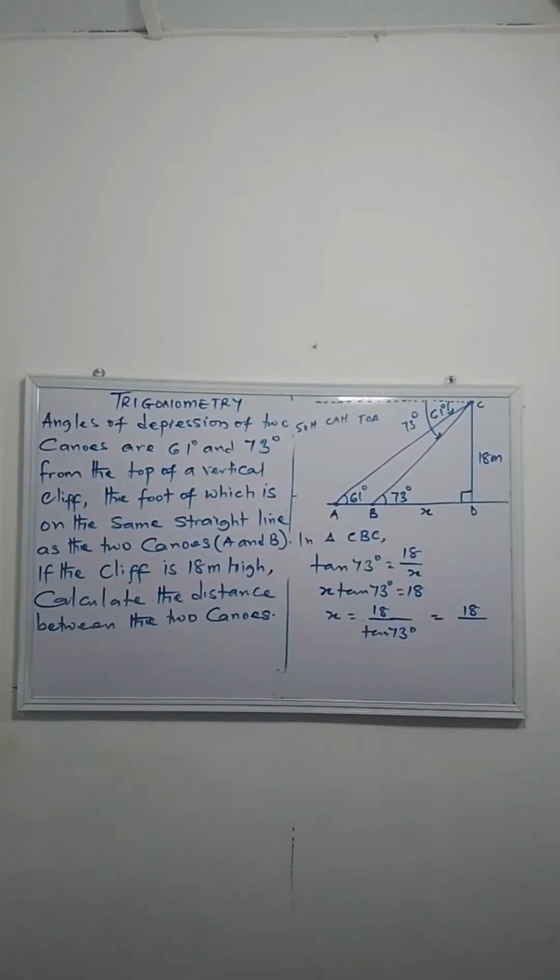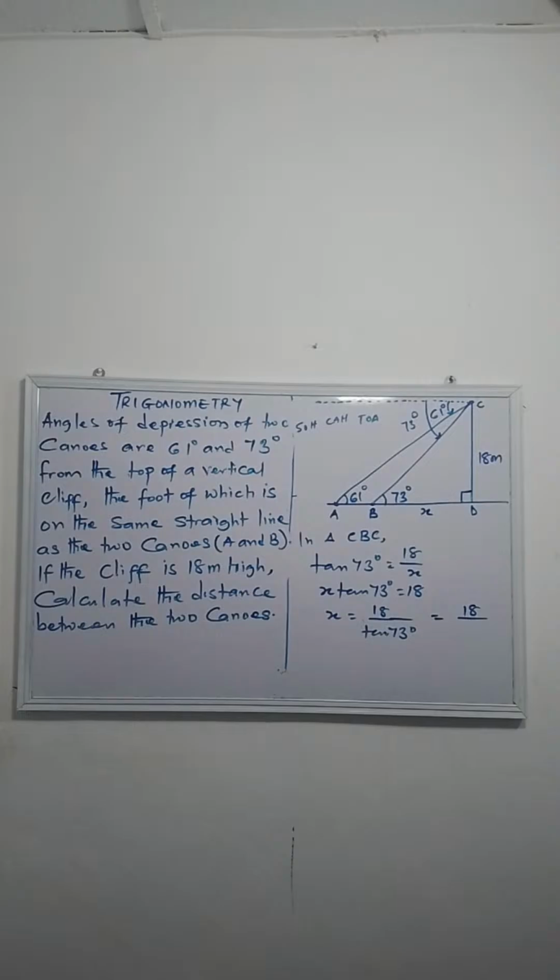Okay, is there another person? I can see Uncle J. You have 0.3057. Any other person? Omolara has 3.2708. Yes, Uncle J. Bola has 3.271.